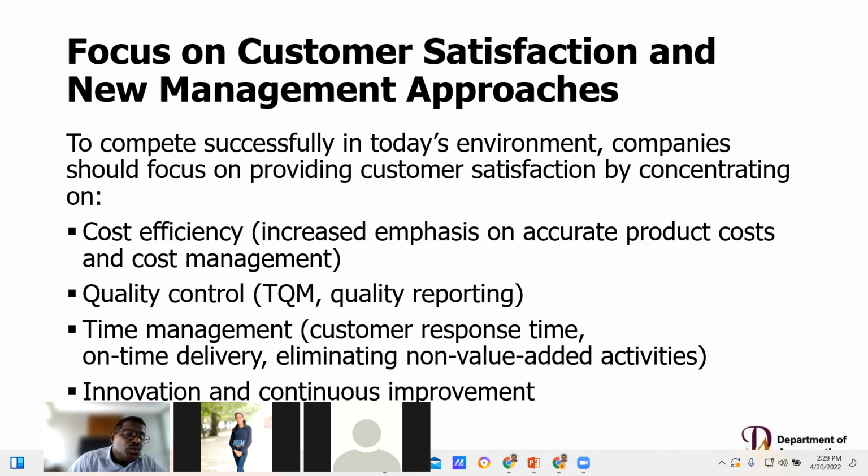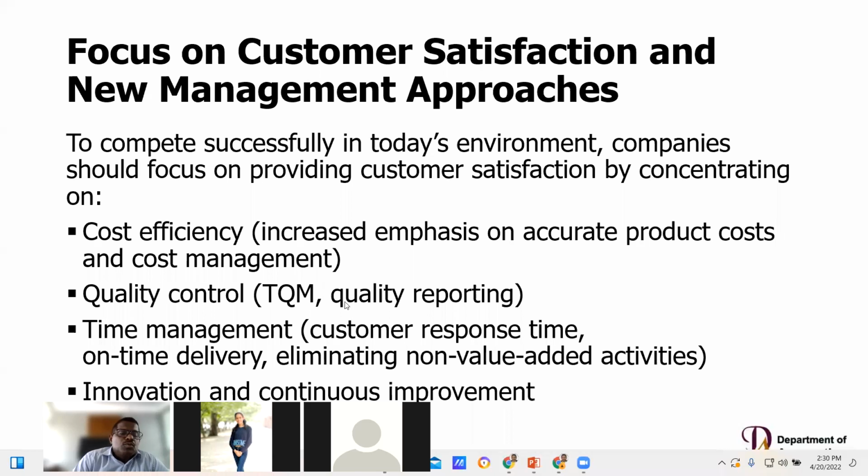In the international school, every day morning, students are welcomed by the administration. But not like that elsewhere, so maybe we think that's the quality, or that's how people look at it. Anyway, cost efficiency, quality control, time management, innovation, continuous improvements are much more important.